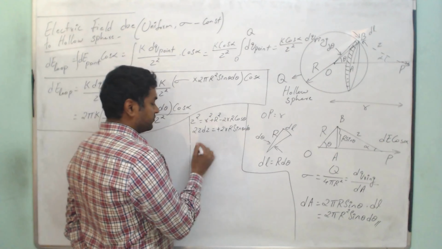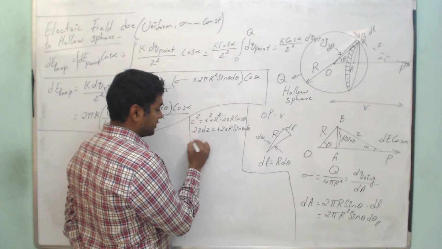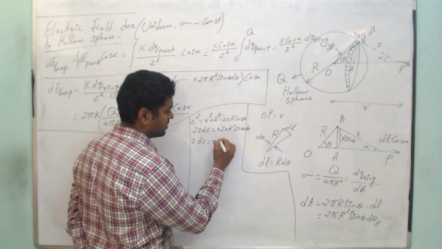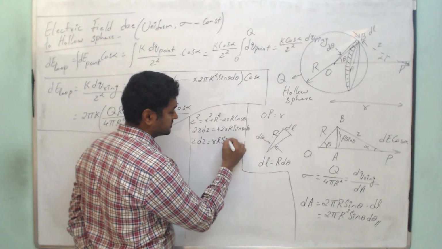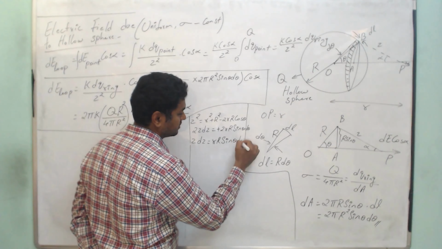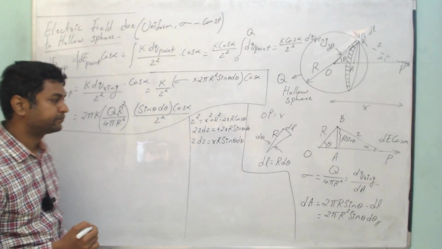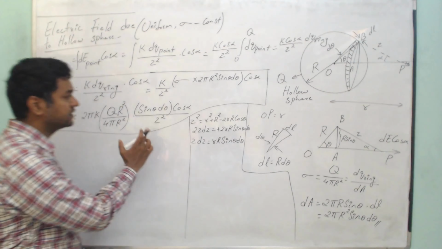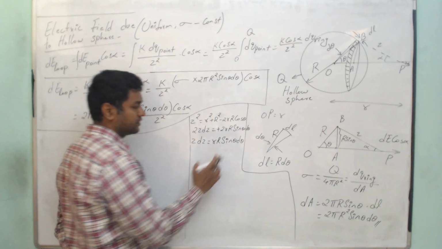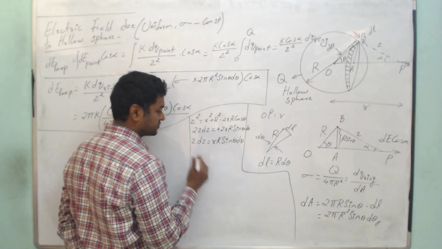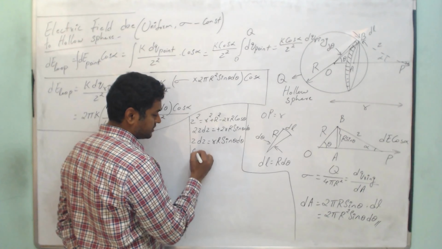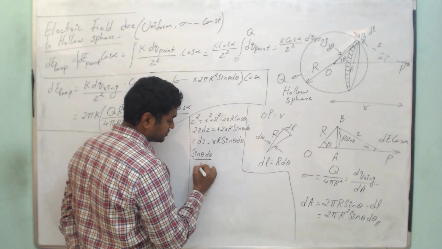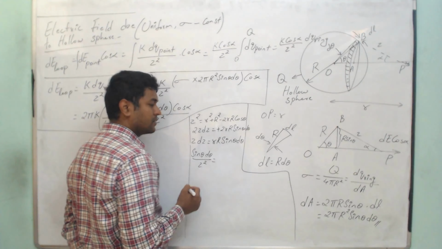So if 2 cancels, I will have z dz is equal to r capital R sin theta d theta. Fine. So from this, if I want sin theta d theta by z square, I'll write it like this: sin theta d theta by z square I am interested in.